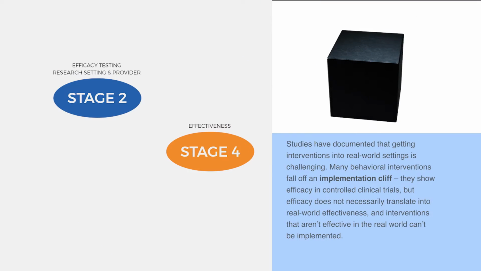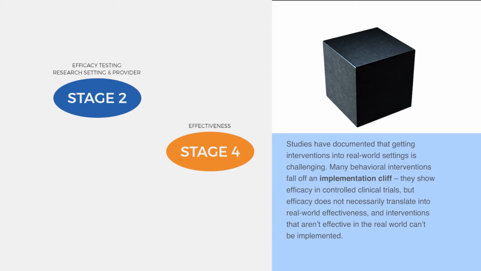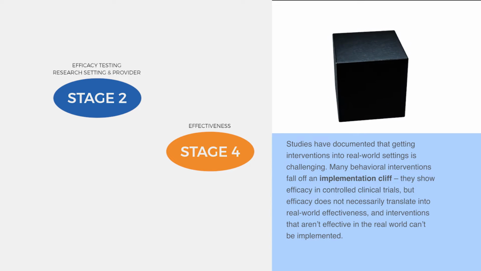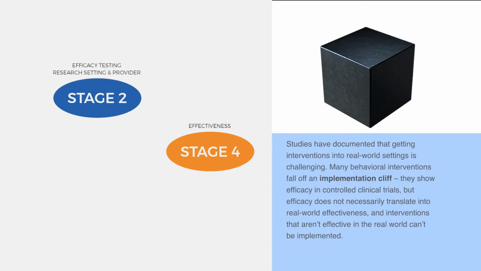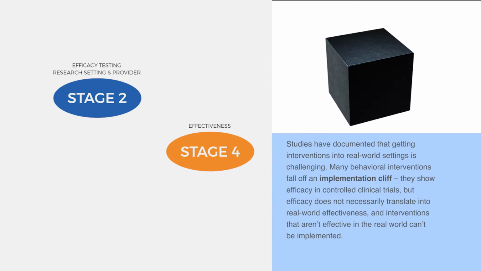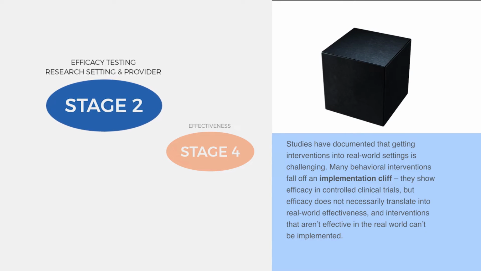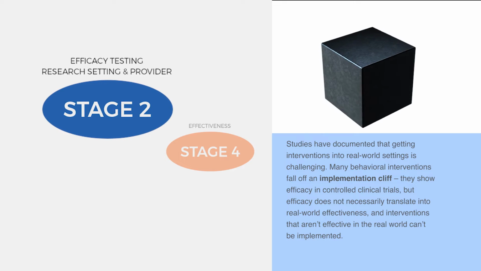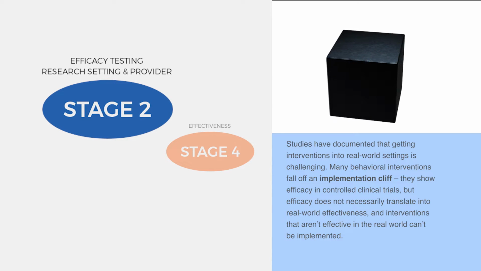Studies have documented that getting interventions into real-world settings is challenging. Many behavioral interventions fall off an implementation cliff. They show efficacy in controlled clinical trials, but efficacy does not necessarily translate into real-world effectiveness, and interventions that aren't effective in the real world can't be implemented.